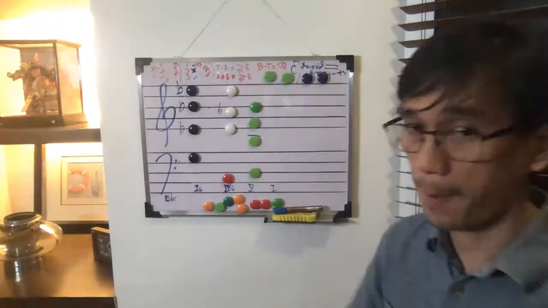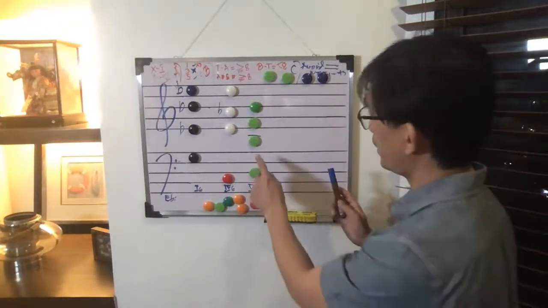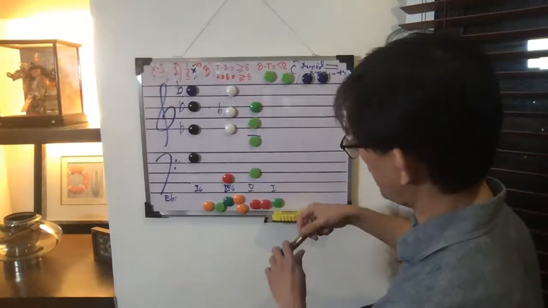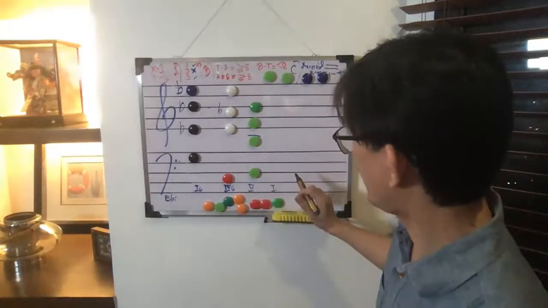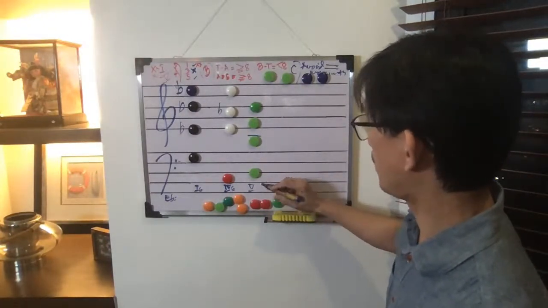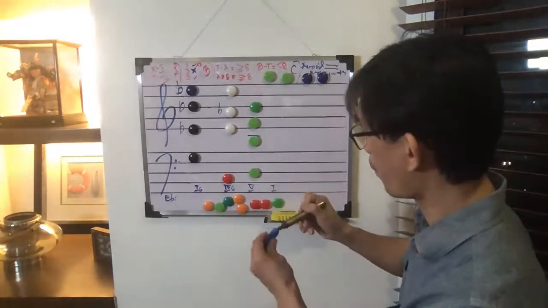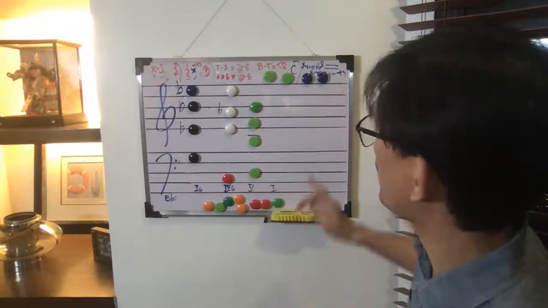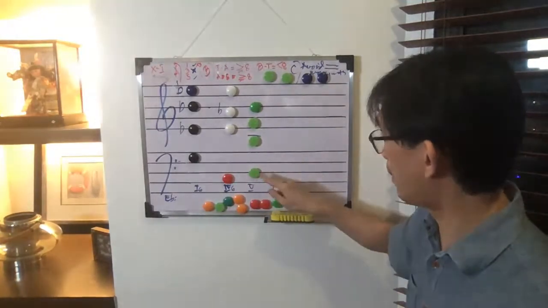Okay? But also, when we're dealing with the dominant, pay close attention. When we're dealing with the dominant, you can also make this 6/4, where the fifth will be the one that's on the bass.